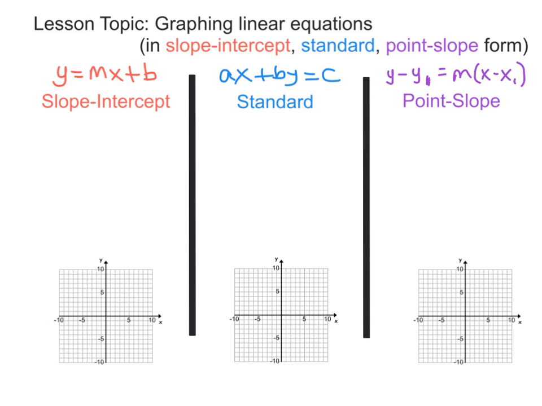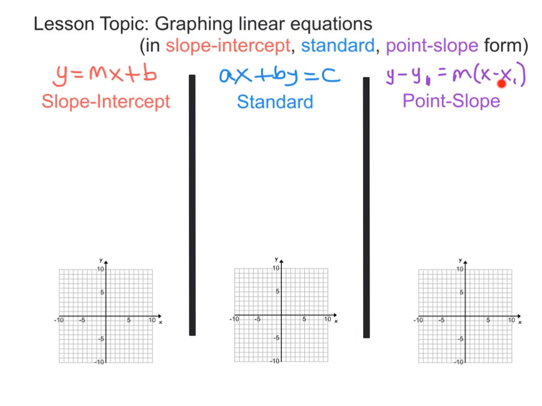M still stands for slope, just like it did here. M is slope. And then the x and the y that don't have the subscript 1, those again are the same x and y from our other two equations that represent all points that exist on that line.